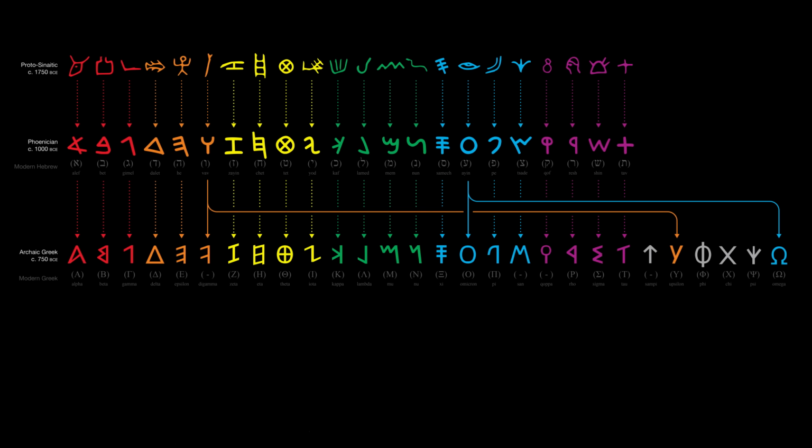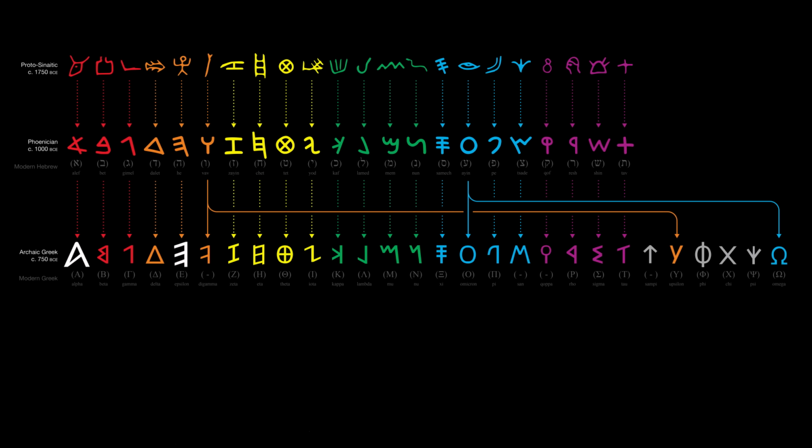But the Greeks changed this. There were several Phoenician letters that they did not have a use for, such as the aleph and hey. So they instead repurposed those symbols to stand in for vowel sounds. So aleph became alpha, which is an A sound, and he became epsilon, which is an E sound.